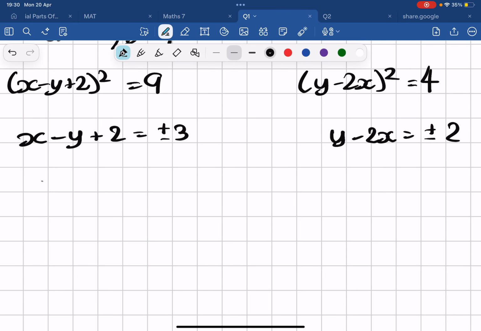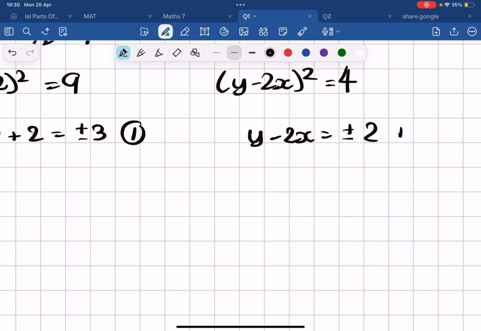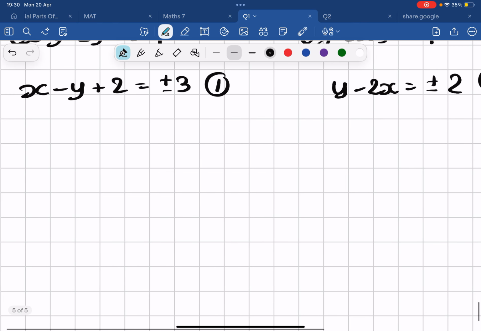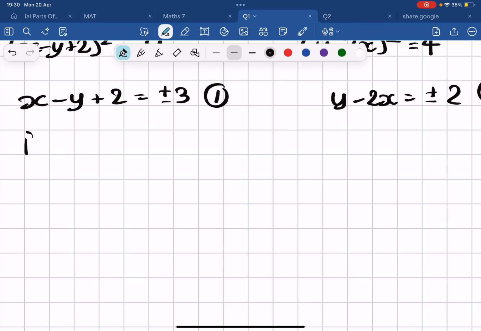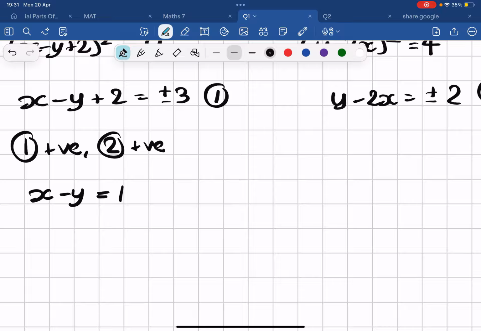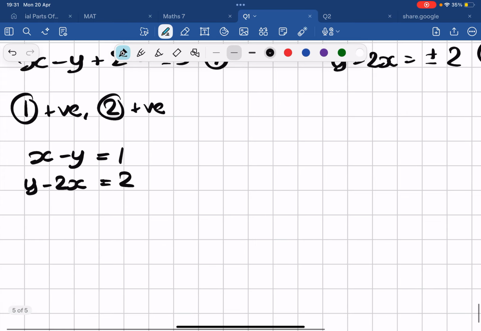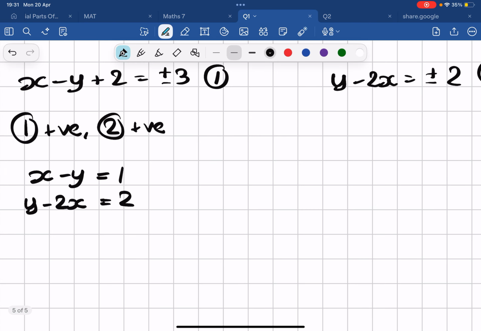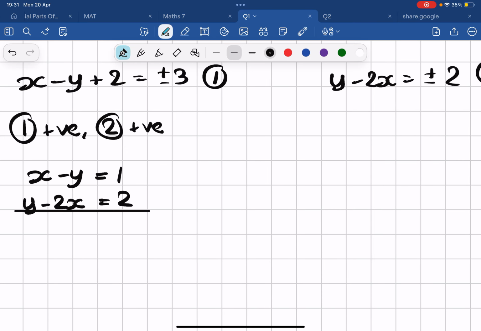So let's take the positive. So equation 1 is positive, and equation 2 is also positive. So if x minus y plus 2 equals 3, so x minus y equals 1, and for equation 2 we have y minus 2x equals 2. Well, we can just add these so we can cancel the y terms.